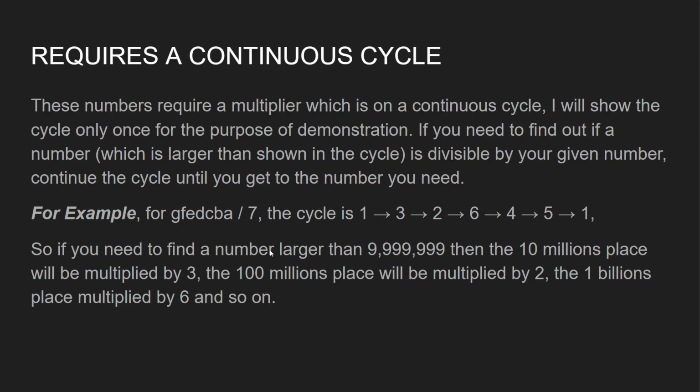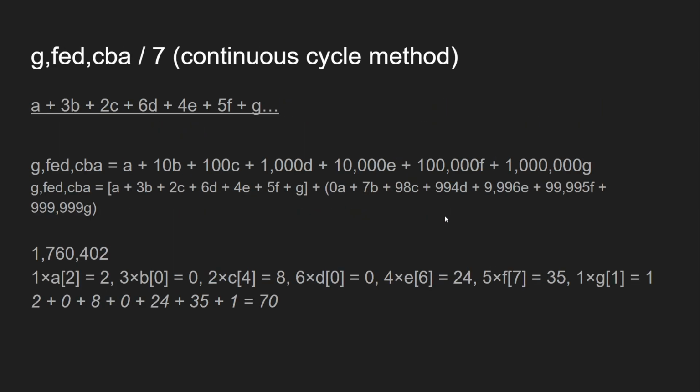If you need to find a number larger than 9,999,999, then the ten-millions place will be multiplied by 3, the hundred-millions place by 2, the billions place by 6, the ten-billions place by 4, and so on. You get it.